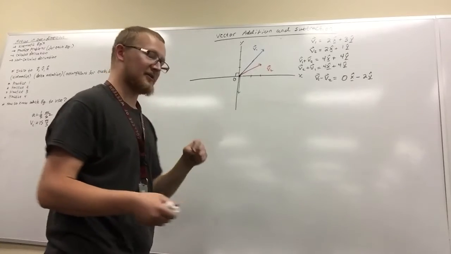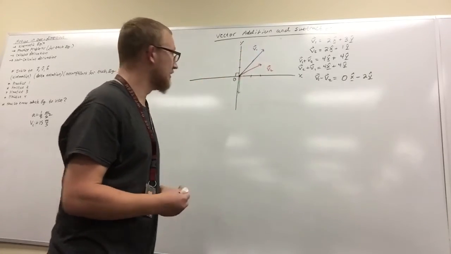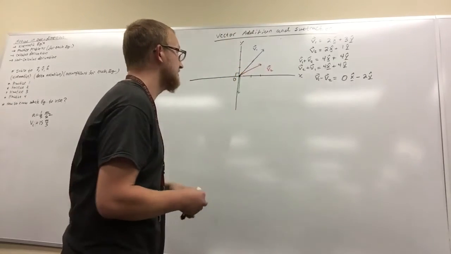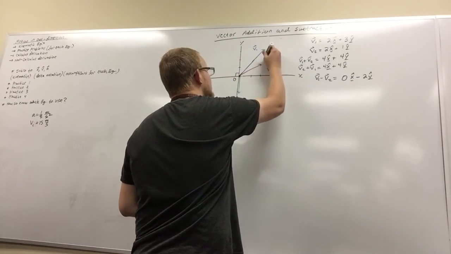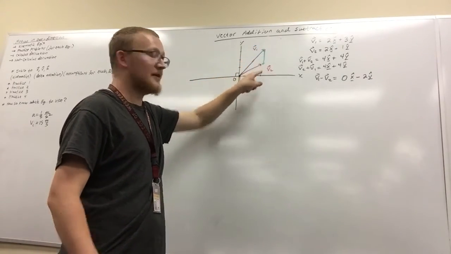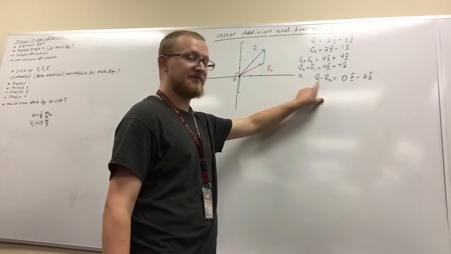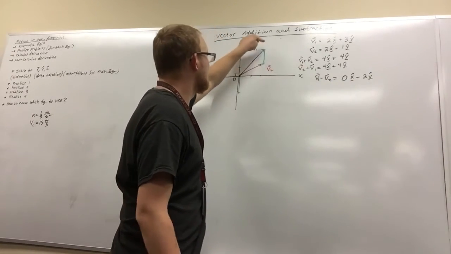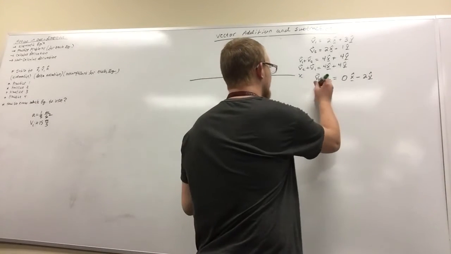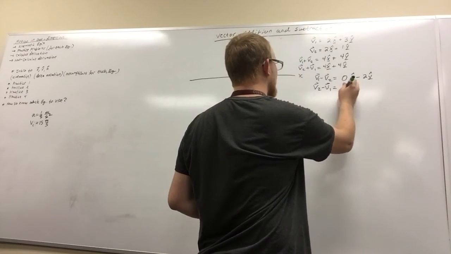Now I can take that vector and move it for conceptual reasons over here, and put its tail on V1's tip and its head on V2's tip. And what I'll end up with is a vector that points from the tip of V1 to the tip of V2. Now let's do V2 minus V1. Alright, V2 minus V1 is going to give us 0 again.